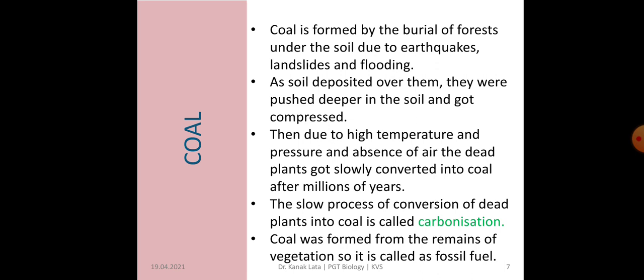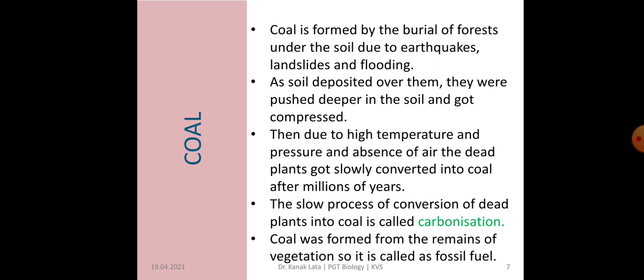Due to high temperature and pressure inside the earth, and you know that there is absence of air, these dead plants get slowly converted into coal. It takes millions of years for conversion of the dead plants into coal.